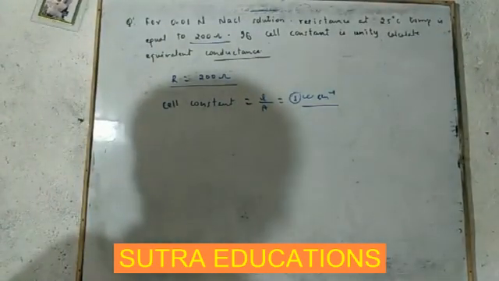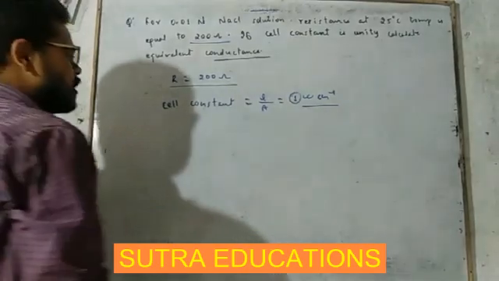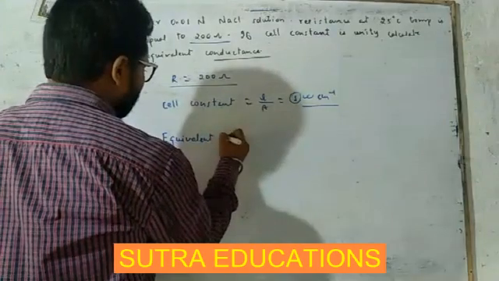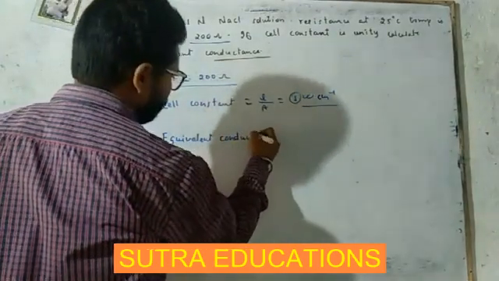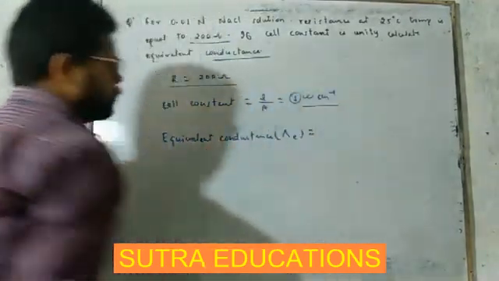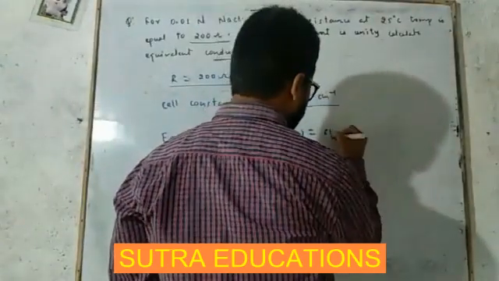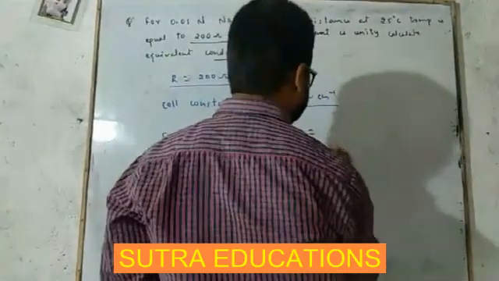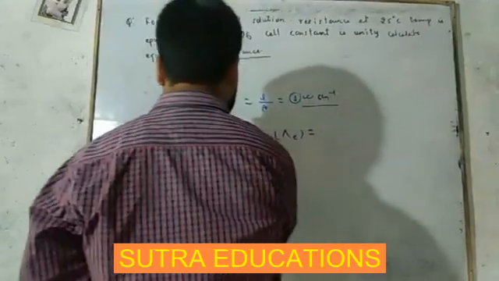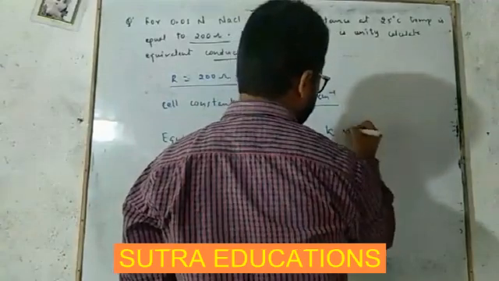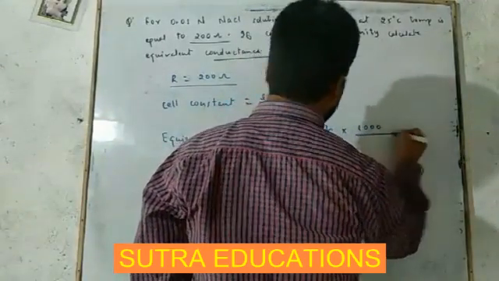Now we have to calculate equivalent conductance. So what is equivalent conductance? Equivalent conductance is equal to specific conductance, or simply we will say it is kappa into 1000 upon normality.